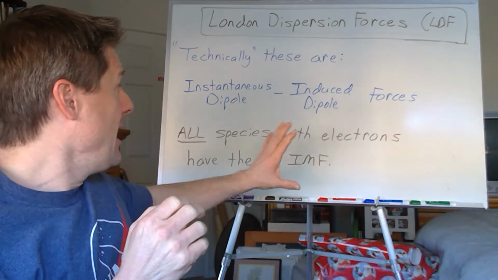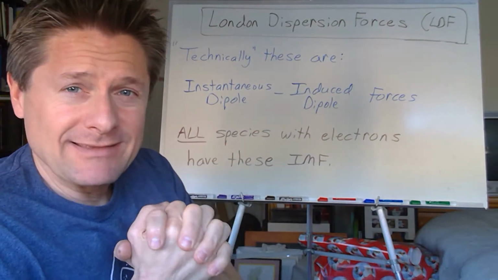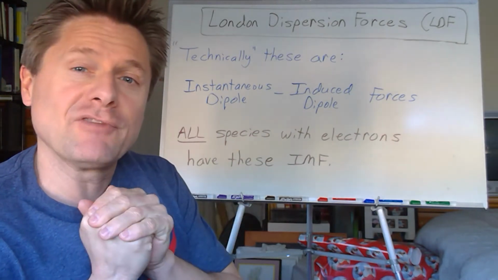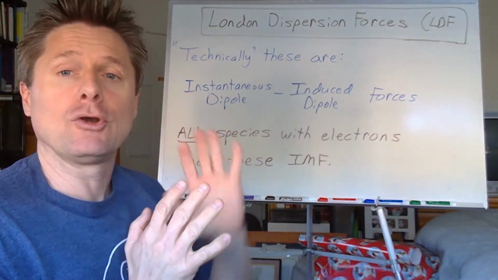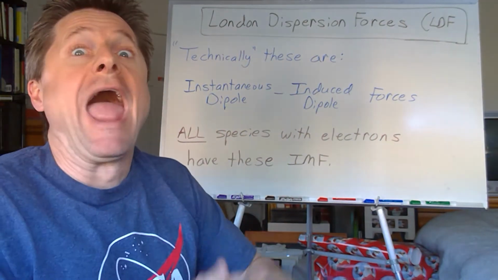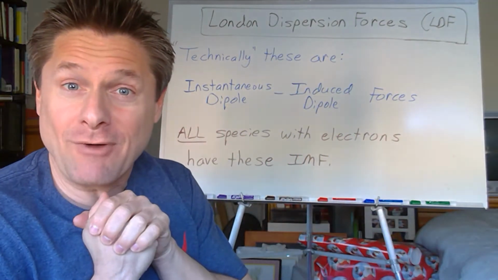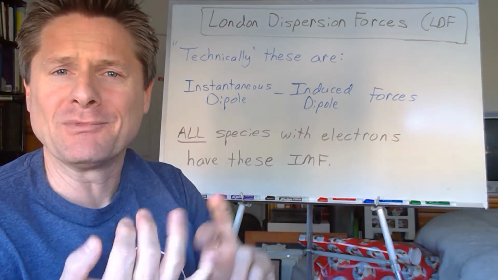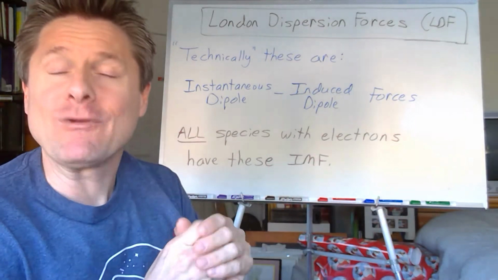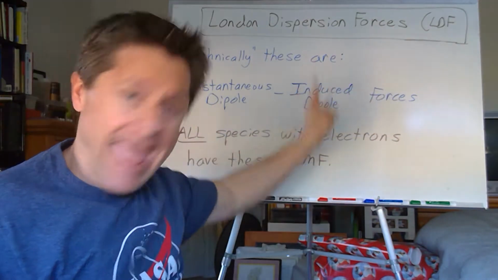But any species with electrons can have those electron clouds shifted around a little bit and distorted. So this particular intermolecular force applies to everything that has electrons. We're talking polar molecules, nonpolar molecules, atoms, ions, polyatomic ions. Everything that has electrons has these.